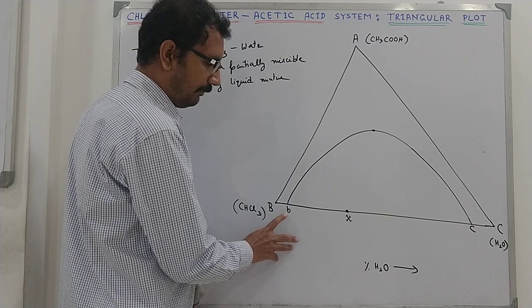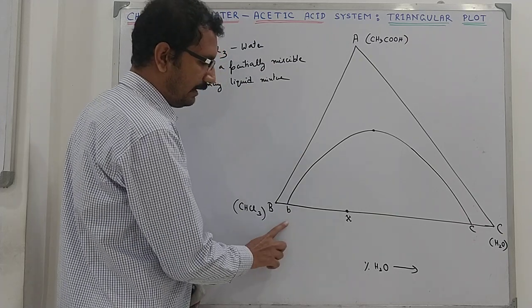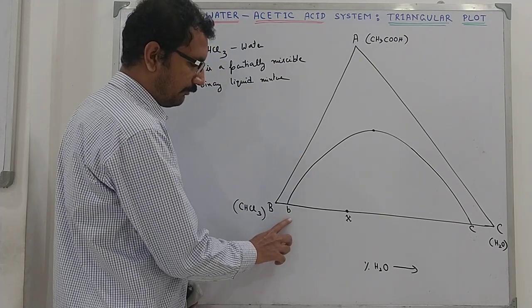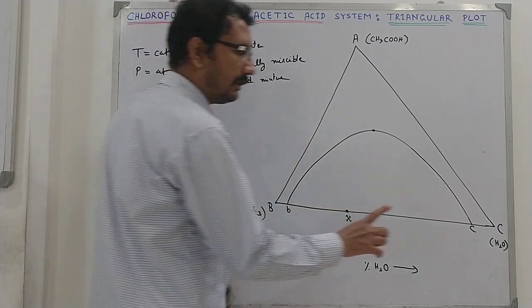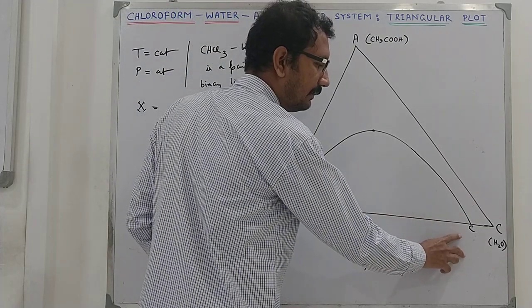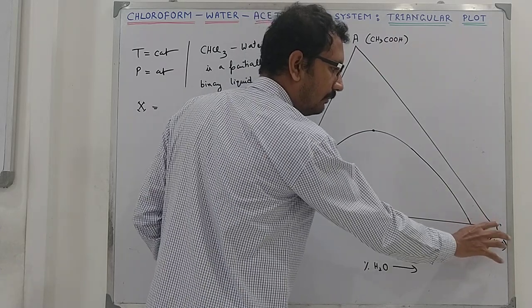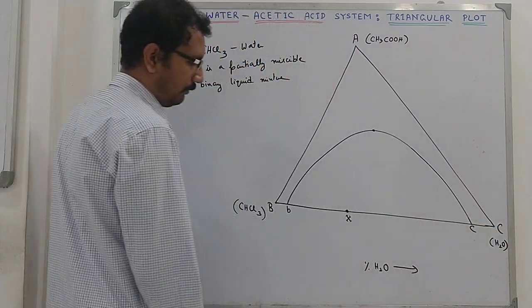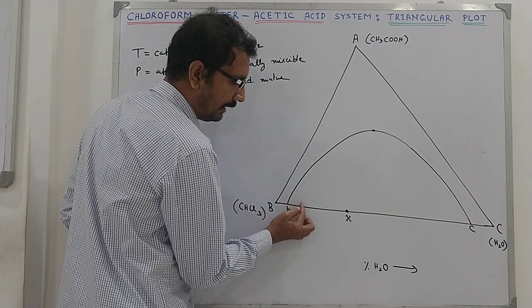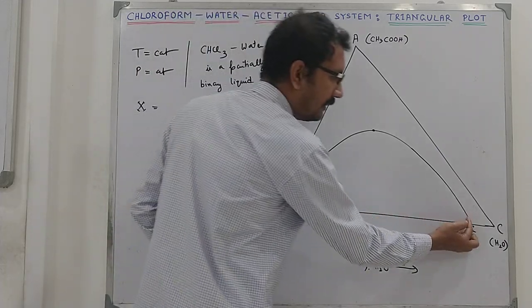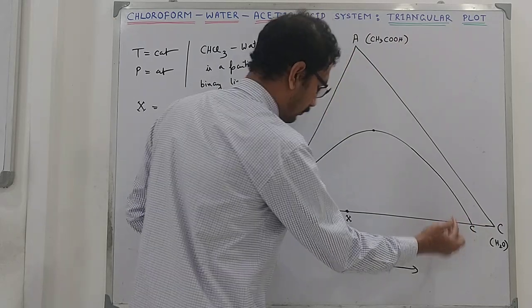The percentage of water will increase in the saturated solution of water in chloroform, and the percentage of chloroform will increase in the saturated solution of chloroform in water. So to increase the percentage of water, this point has to shift to the right and this point has to shift to the left.